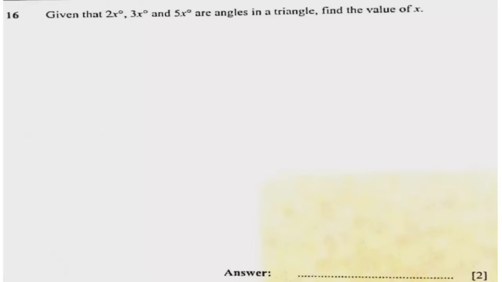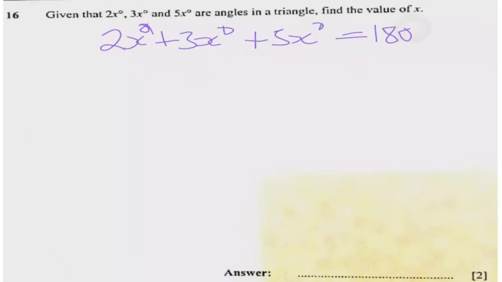Therefore, we can come up with an expression which is 2x degrees plus 3x degrees plus 5x degrees is equal to 180 degrees.